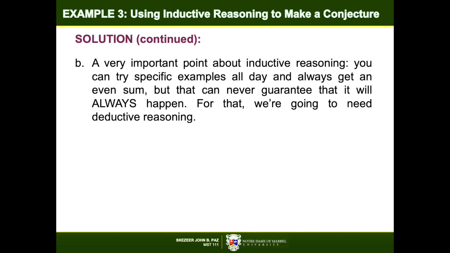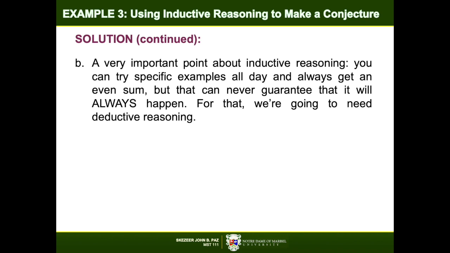What I'm trying to explain is this. In inductive reasoning, you can start from all the examples, and then at the end of the day, you're going to make a certain conjecture. Since you are just giving examples that would satisfy those conditions, in our example here, whenever you add two odd numbers, the answer is always even, you do not prove the statement entirely.